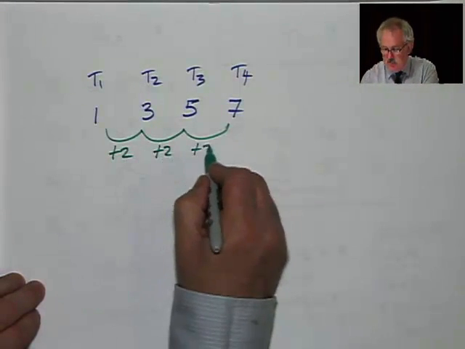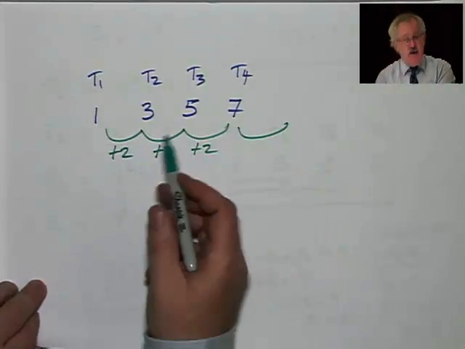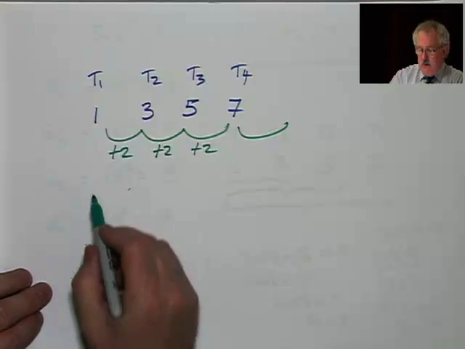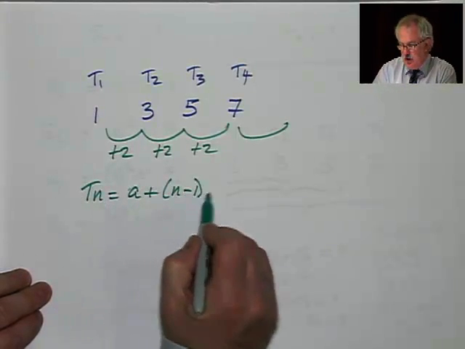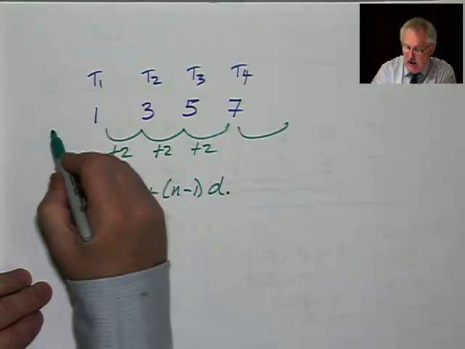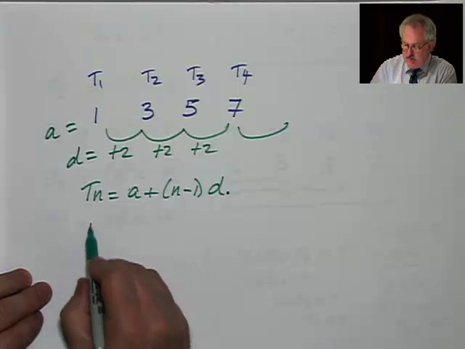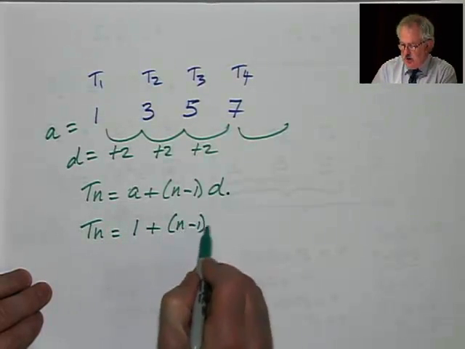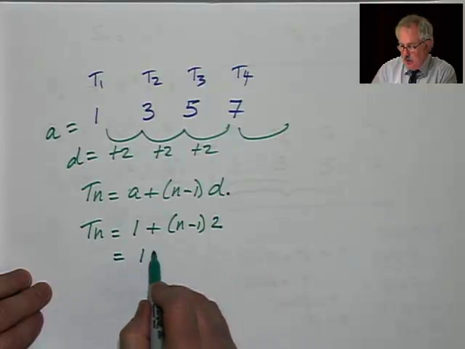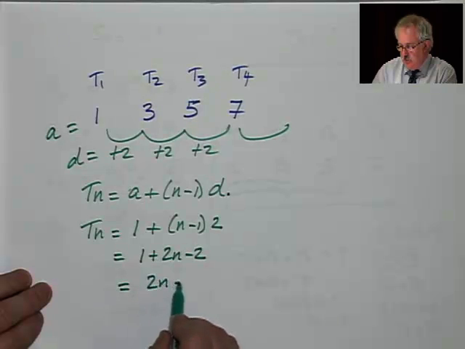Starting with a number, adding the same thing all the time, we have Tn. Tn in general is given as a plus n minus 1 d. a we know is 1, and d we know is 2. So Tn would be a, which is 1, plus n minus 1 times 2. Tn would be 1 plus 2n minus 2. That would be 2n minus 1.